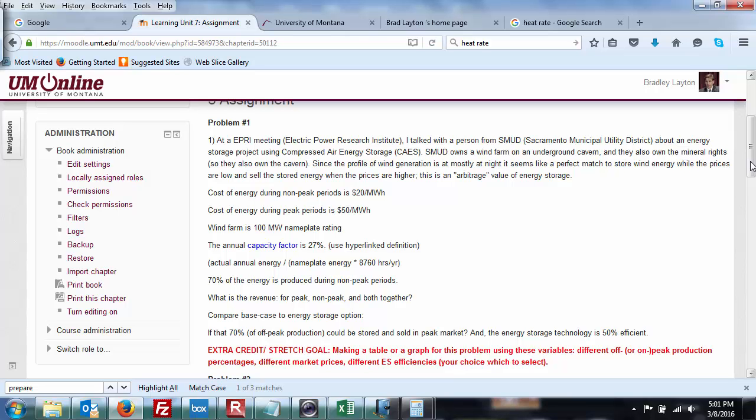Since the profile of wind generation is mostly at night, this seems like a perfect match to store wind energy while the prices are low and sell the stored energy when the prices are higher. This is an arbitrage value of energy storage. Okay, right. So non-peak, so $50.